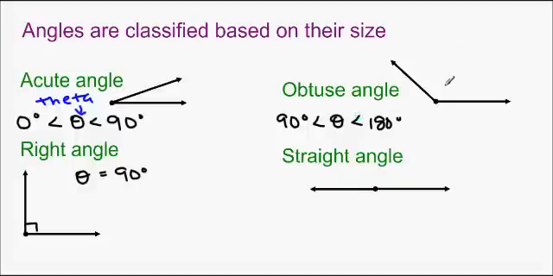So this is an obtuse angle. And then a straight angle, you can see here we have a straight line. That is when theta is equal to exactly 180 degrees. So this is the angle, and that's exactly 180 degrees. So these are the different types of angles that we will be dealing with in this class.